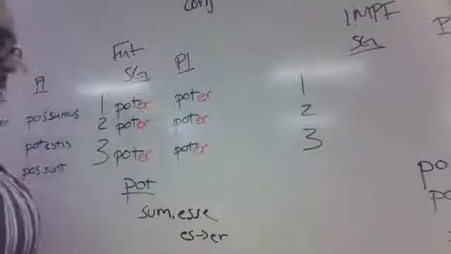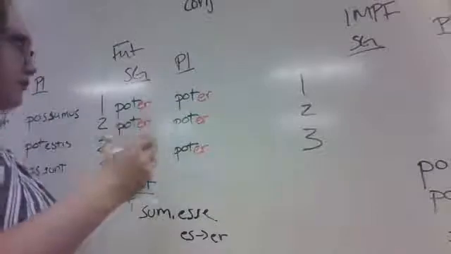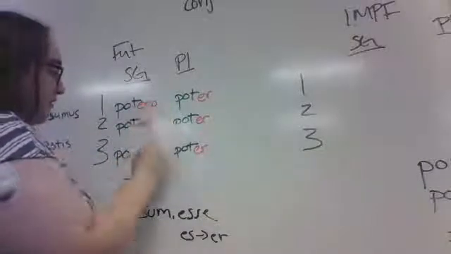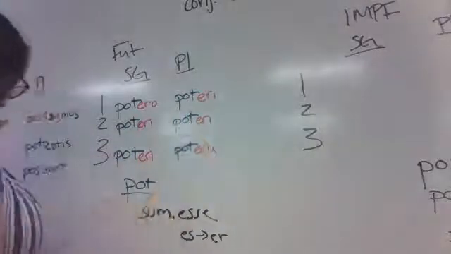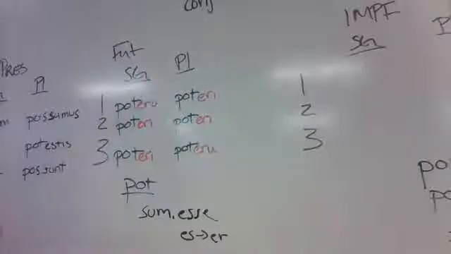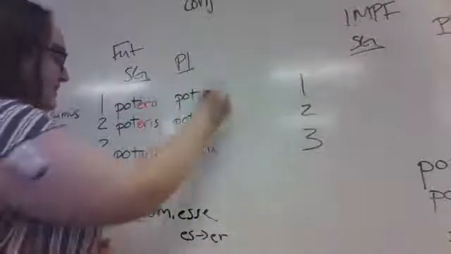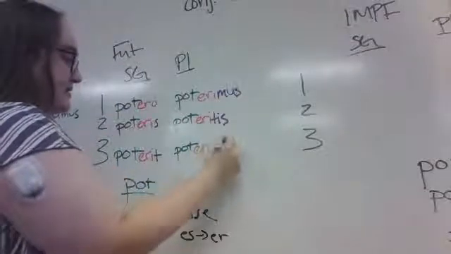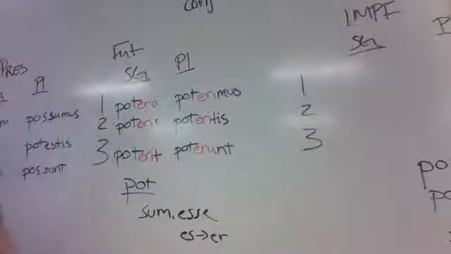Then to make it future, usually for first, second conjugation, we would go bo, bi, bu, but we have to leave out the B's. So we're left with O, I, and U. And then you put on your endings. So O, S, T, MUS, TIS, and T. And that is how you get future.